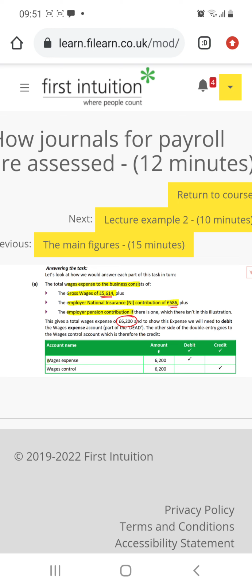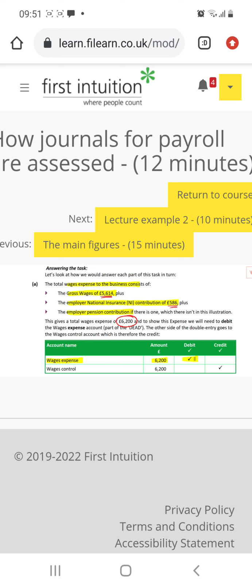So what we're going to do is debit our wages expense with 6,200. This is the cost to the company of employing this one person or two people or three people, how many it is we don't know. Now remember, the other side of the double entry basically always goes to the wages control account.